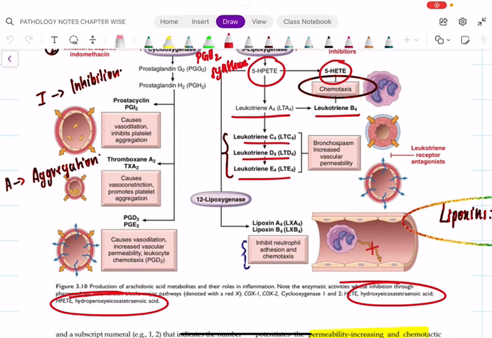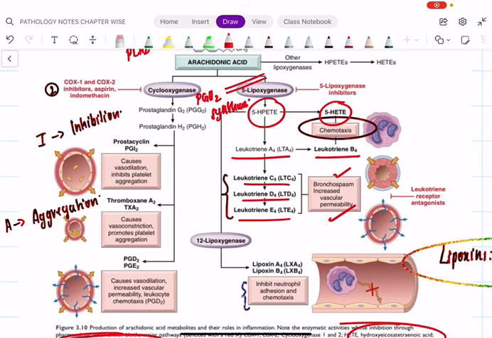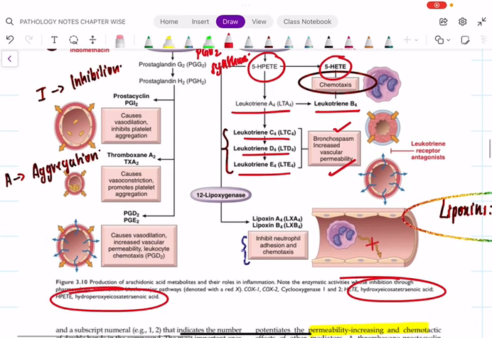What are these leukotrienes going to do? Bronchospasm, increased vascular permeability, already discussed. This is formed when 5-lipoxygenase comes into action. Similarly, if the same pathway is acted upon by 12-lipoxygenase, you will get lipoxin A4 and B4.